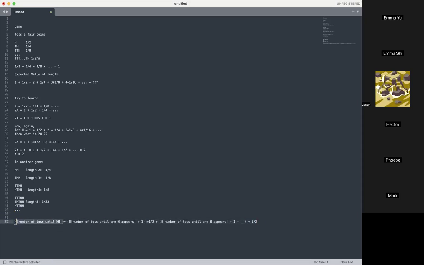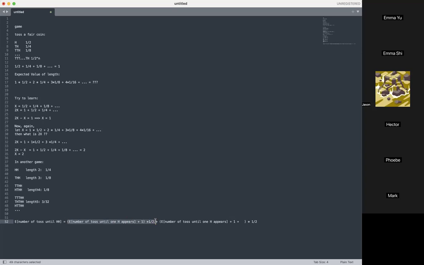So this is an expected number of tosses. On the left hand side, it's the expected number of tosses until we toss 2H in consecutive order. And in order for that to happen, we can either first toss until one H appears, and then we are lucky and we toss another H, which happens with 1/2 probability, right?